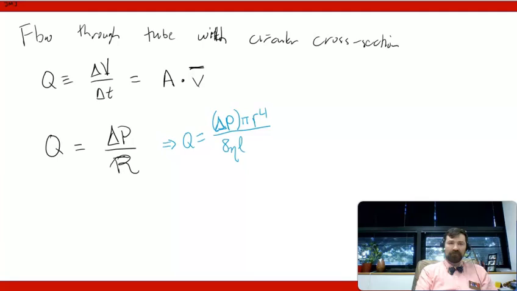This equation is valid for laminar flow. If you can measure these other quantities, viscosity, length of tube, inner radius, and pressure difference, then as the flow is more laminar, the flow rate will tend to agree more with this equation. You'll start to deviate from it somewhat as the turbulence starts to increase.